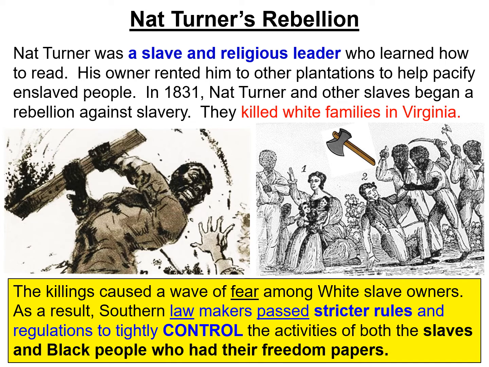So Nat Turner, his rebellion is an example of how enslaved people led uprising against their owners in retaliation for enslavement and the cruel treatment during slavery.